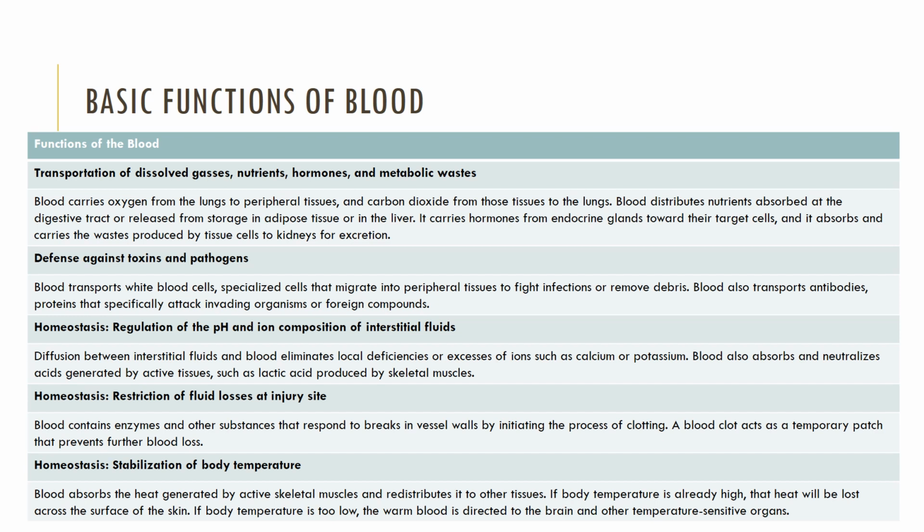The blood also defends against toxins or pathogens and can even restrict fluid loss at the site of an injury. In addition, the blood is important in the maintenance of homeostasis, for example, via pH, ion composition, and body temperature.